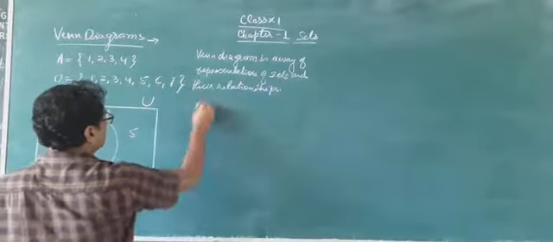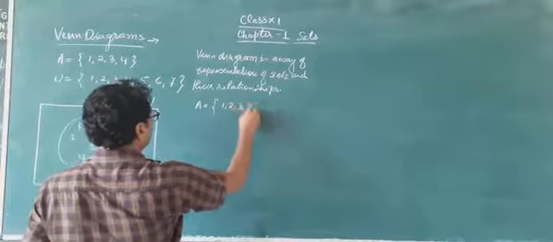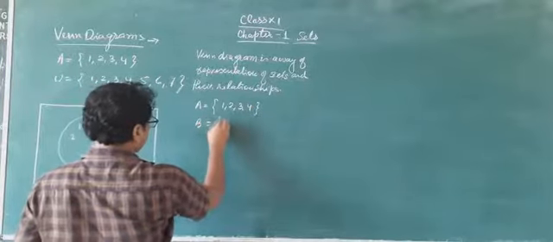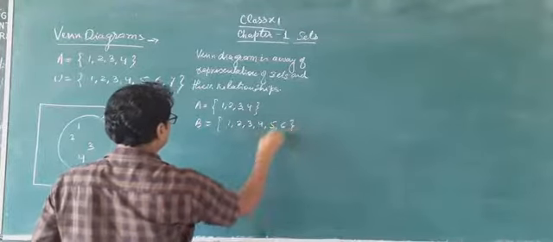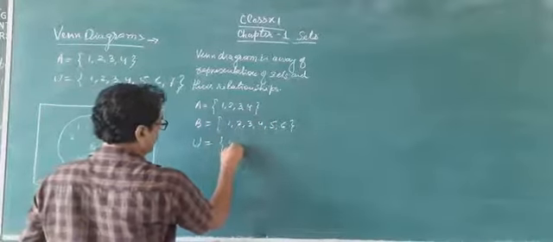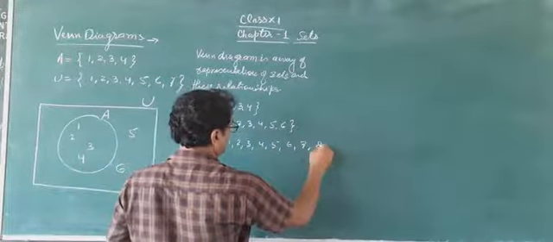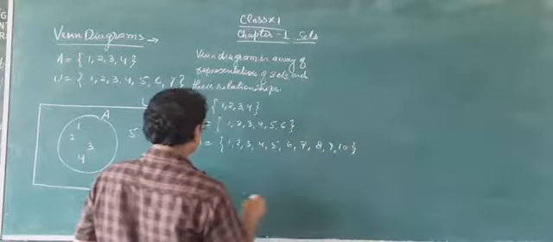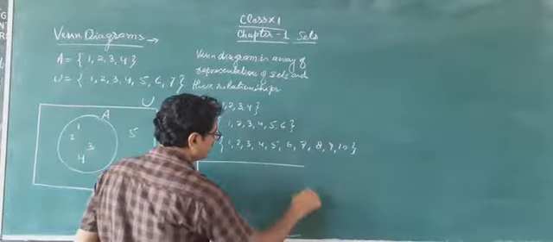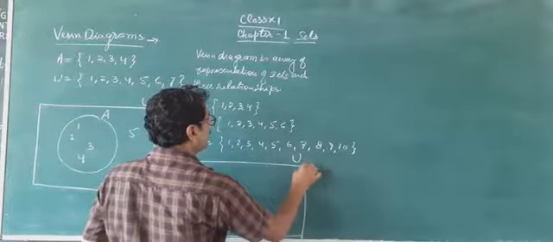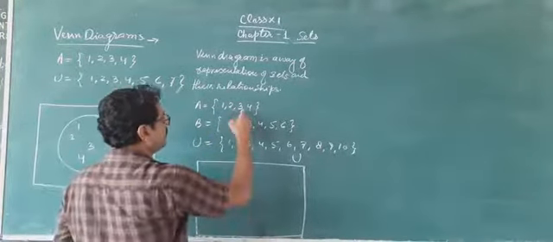Suppose that A is {1, 2, 3, 4}, and B is {1, 2, 3, 4, 5, 6}, and U is {1, 2, 3, 4, 5, 6, 7, 8, 9, 10}. So we can represent it as this universal set, a rectangular shape, and the circle A with 1, 2, 3, 4.